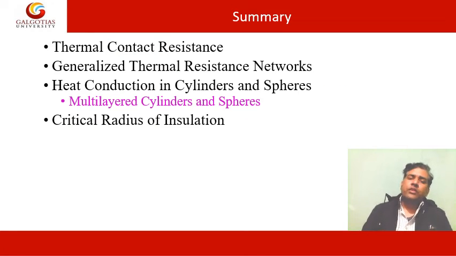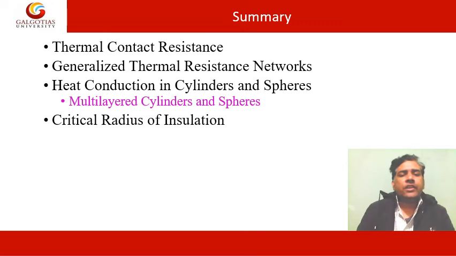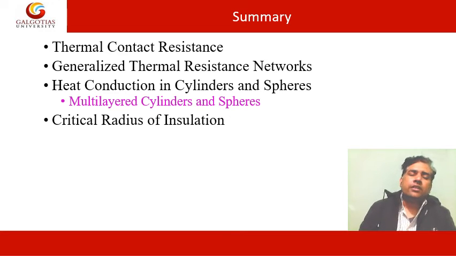So the summary of the present lecture is that today we studied the concept of thermal contact resistance, and we derived the equation and identified the generalized thermal resistance network.